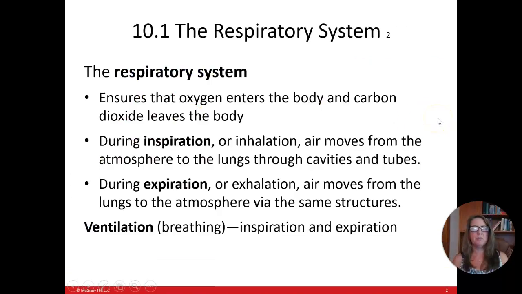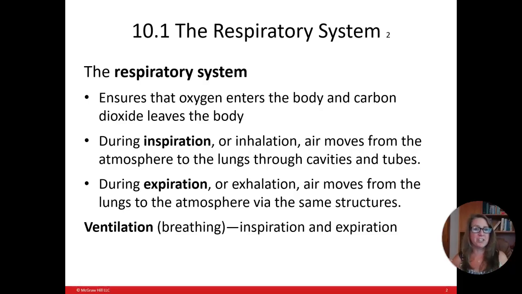All right, respiratory system. You probably already know what it does. It brings in oxygen and it rids the body of carbon dioxide. We call the process of bringing in oxygen inspiration or inhalation, and it's essentially air moving from the atmosphere outside of your body into the lungs through a series of cavities and tubes.